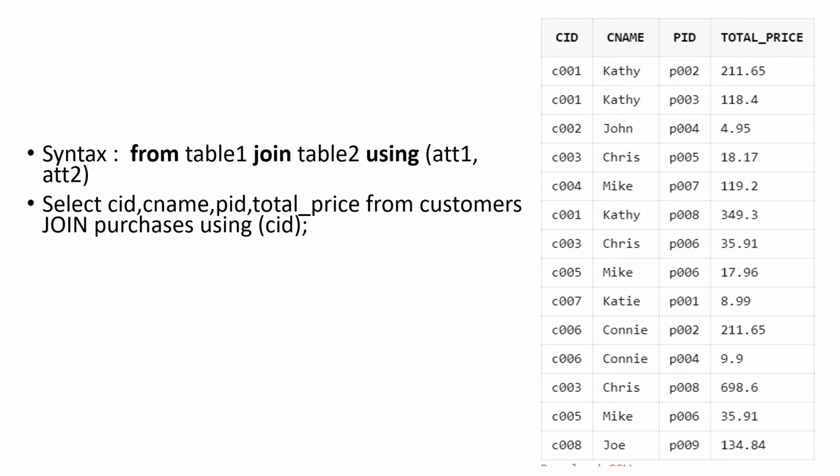The CID is a common attribute in both these tables. So here we get the same results, as both syntaxes retrieve the same results; they are just different forms of displaying the different syntaxes for the joins.